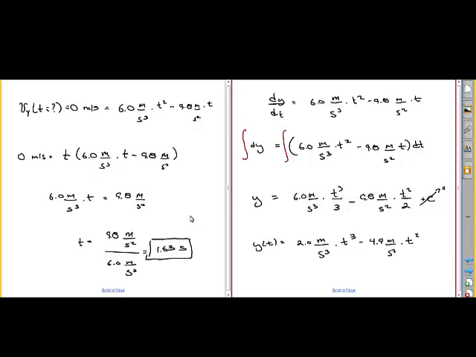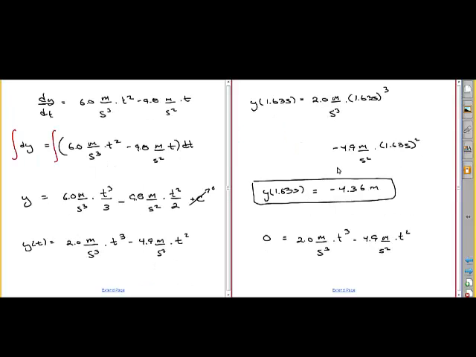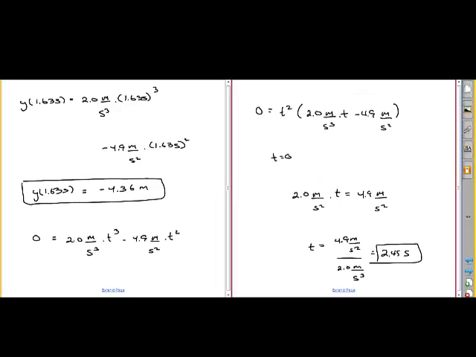Oh, 4.36 meters. So yeah, it was 1.63 seconds, and I had to do this, and I got to 4.36 meters. Yep. And the final one is how much time did it take to get back to its original position? 2.45 seconds. Hey, I should teach this class. Okay, so that's it.